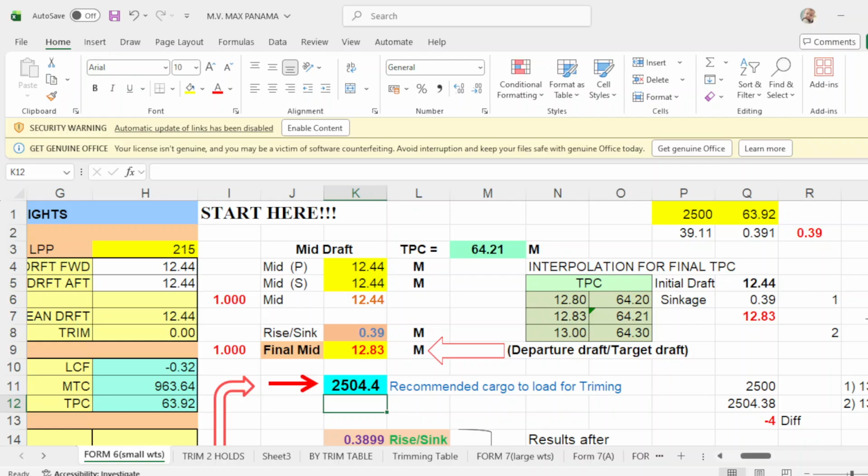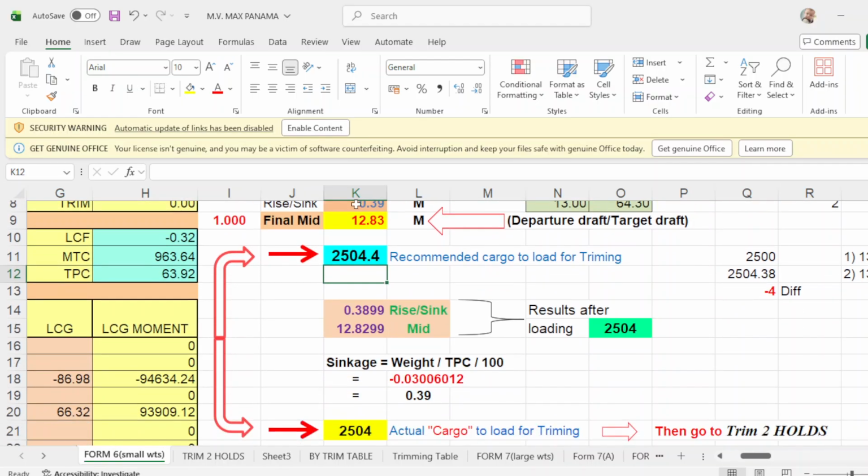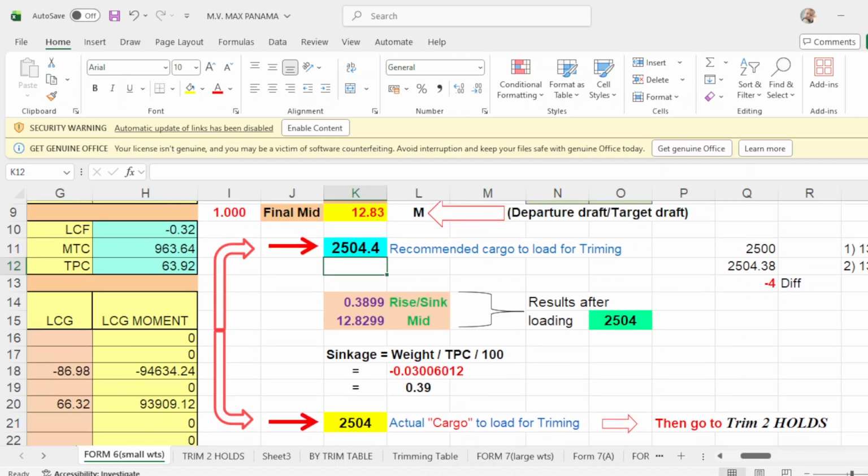Then follow this arrow down here. In actual practice, we don't use points. It should be rounded up. It could be 2,500 or 2,504.